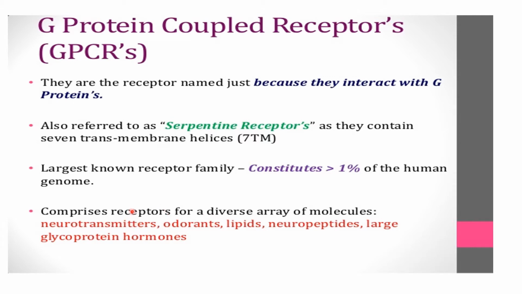These are the molecules which are going to act as a ligand, or as a molecule to attach on the receptors. One of them is neurotransmitters, odorant. Odorant means the specific odor. Lipids, neuropeptides, large glycoprotein hormones.